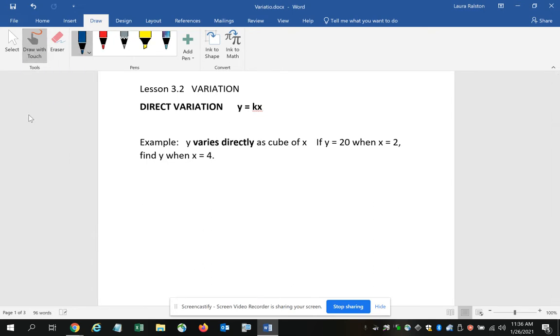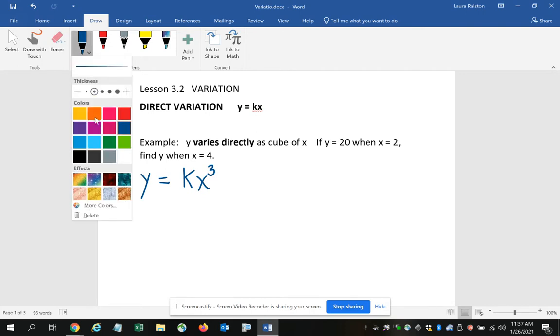If we translate from the words to the symbols, y varies directly as the cube of x, so you have y equals your constant times x cubed. So your generic formula is y equals k times x cubed.